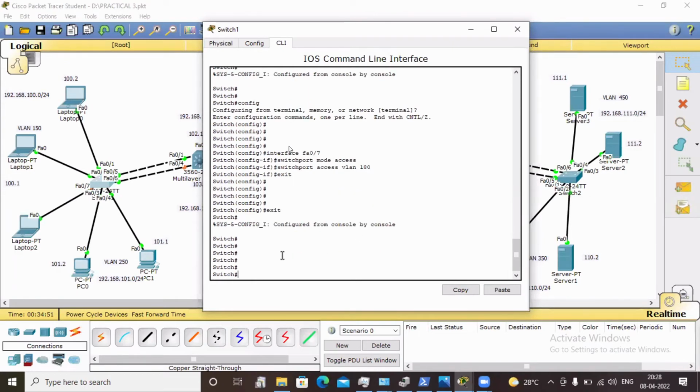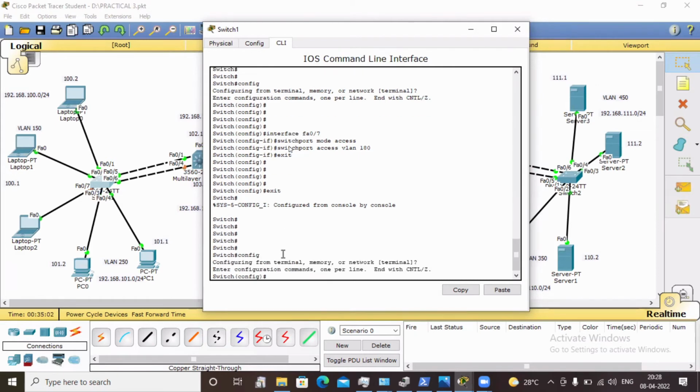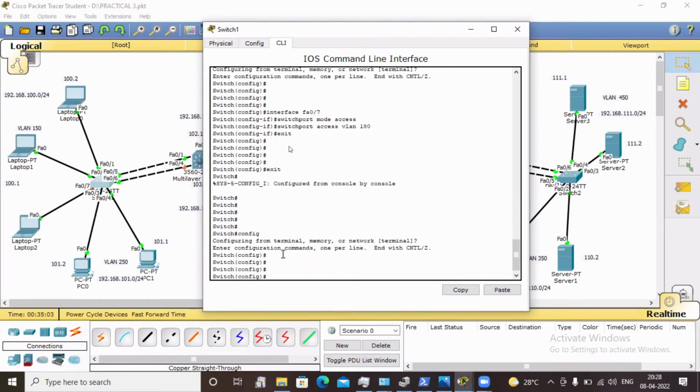Sir, also we have to give the command on the L3 switch for interface VLAN 180 with an IP address. Which command?